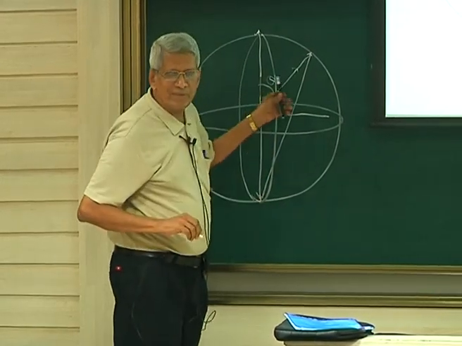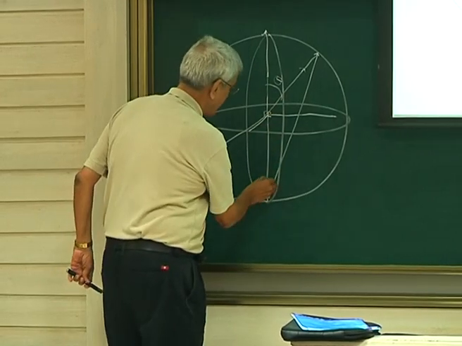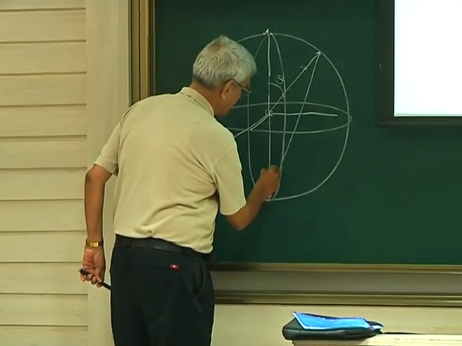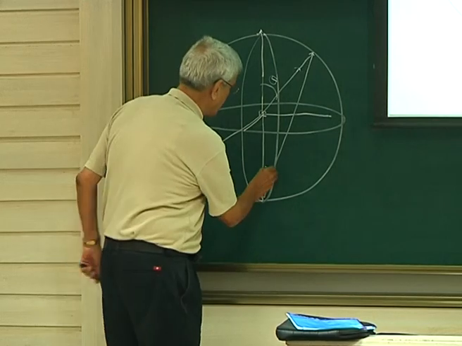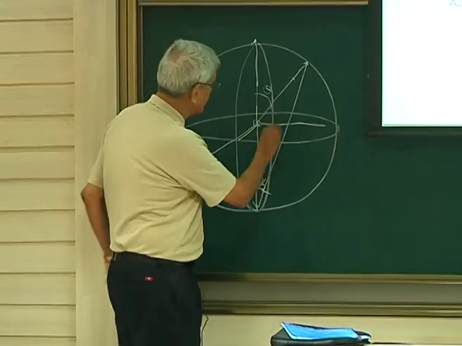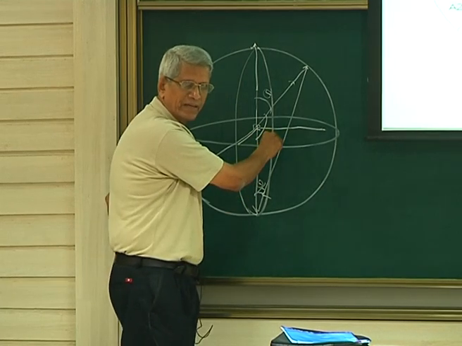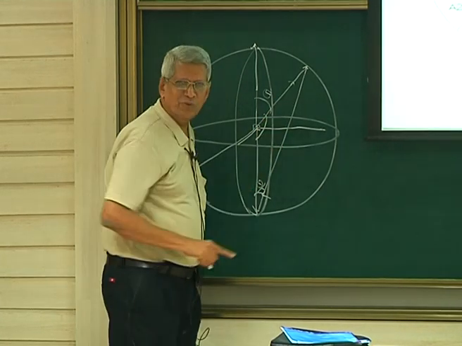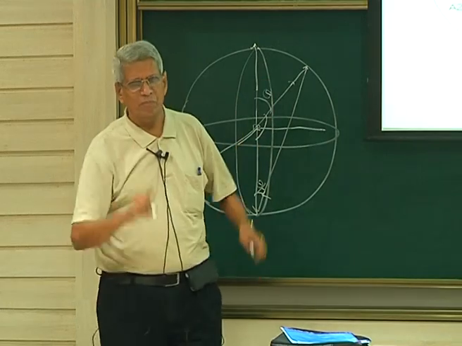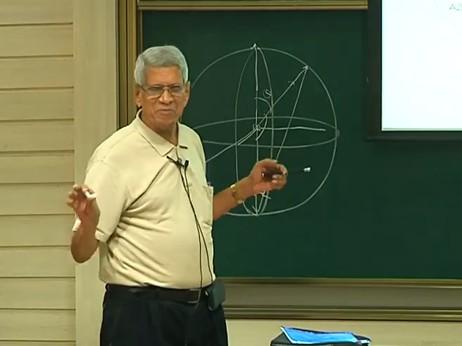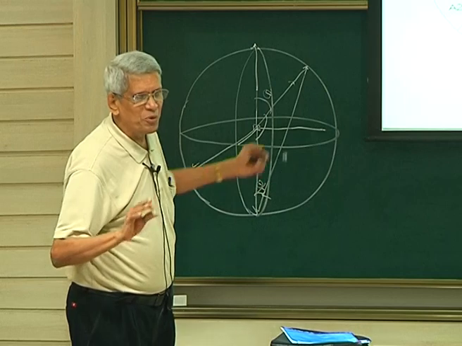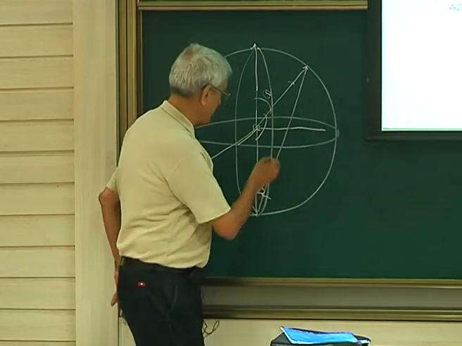Then from geometry, we find that this angle will be essentially theta by 2, if it is theta, because this angle is theta, this other angle will be 180 minus theta, then these are 2. By whatever trigonometry you have studied in school, you can find this out.